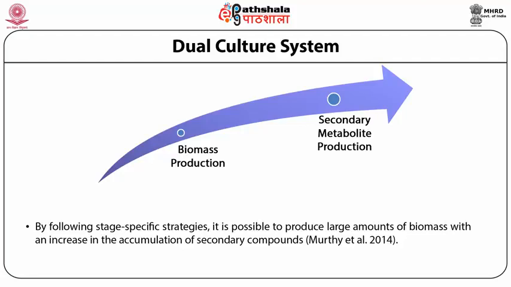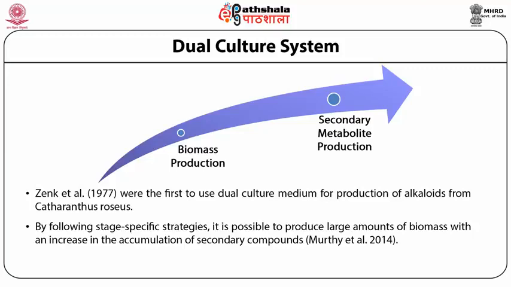This was first used by Zeng et al. in 1977. In phase 1, the culture medium and culture conditions like pH, temperature, light, etc. would be very different from those required in phase 2, which is secondary metabolite production.